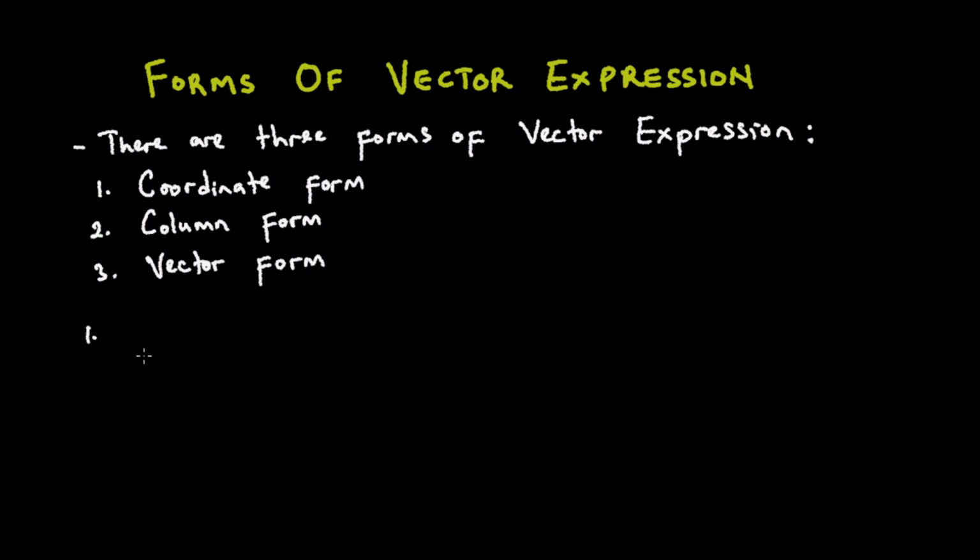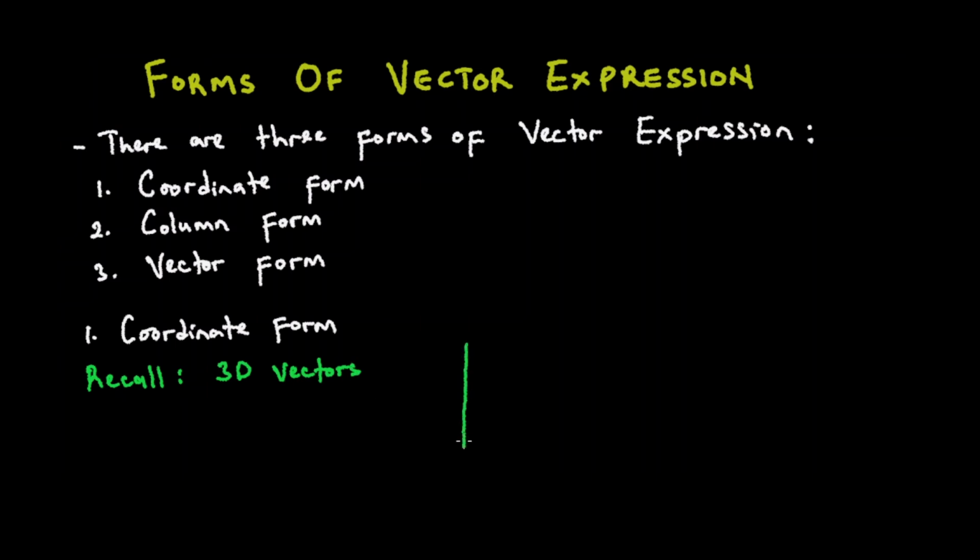So let us look at our number one, coordinate form. For the coordinate form, it is essential to have a small recall. We are dealing with 3D vectors, three-dimensional vectors, in this space. Something like this, where we have an x-axis, a y-axis, and a z-axis.